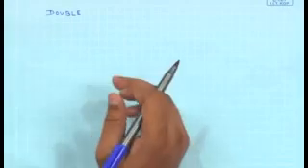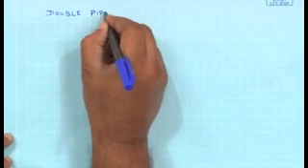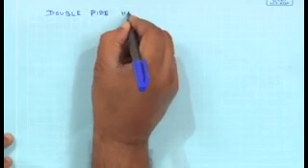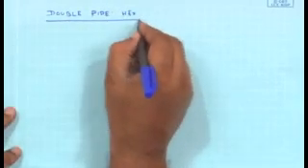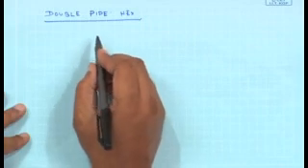So let's first draw a picture of the double pipe heat exchangers. As I said, the length could be between 12, 15 and 20 feet.